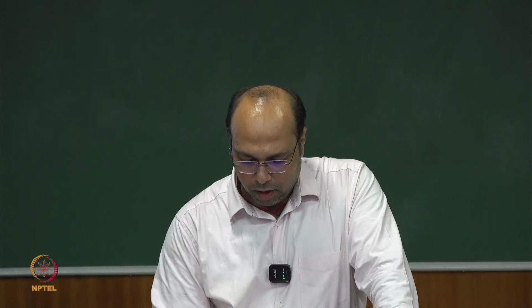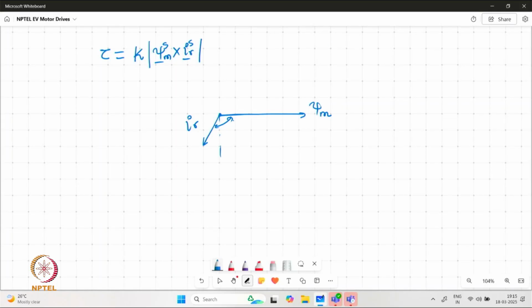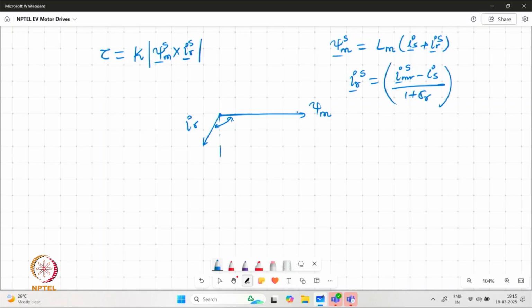And then, because psi m is eventually represented in terms of IS and IR, and IR is represented in terms of IMR and IS, we can always replace these quantities with quantities which are again measurable, or which we can derive through the measured quantities.